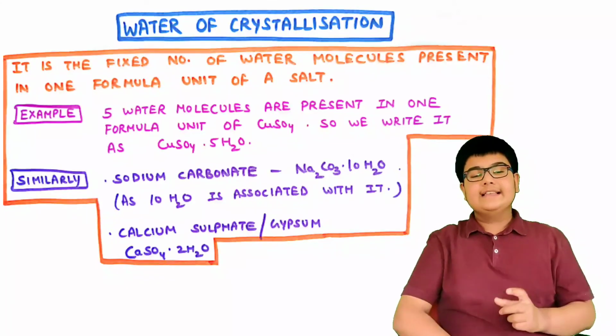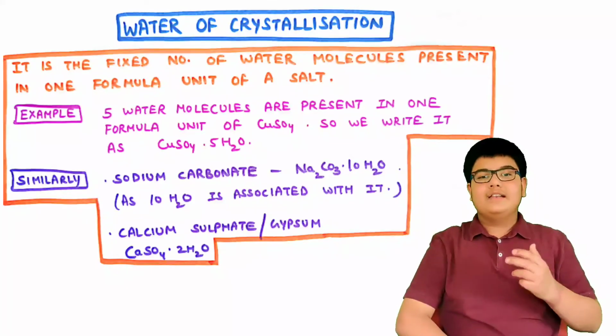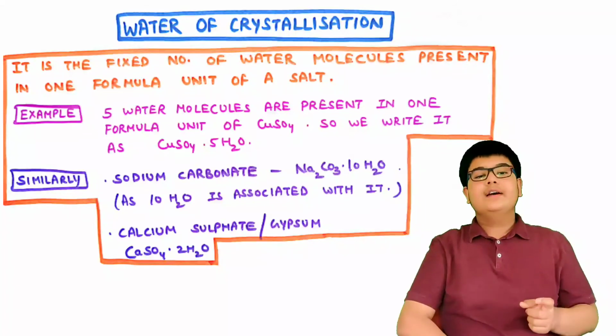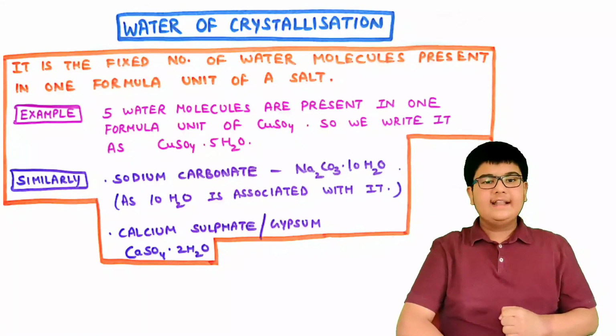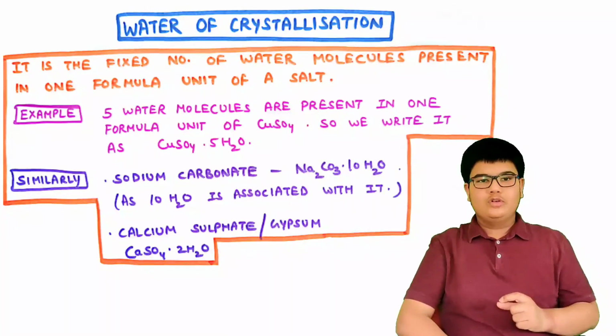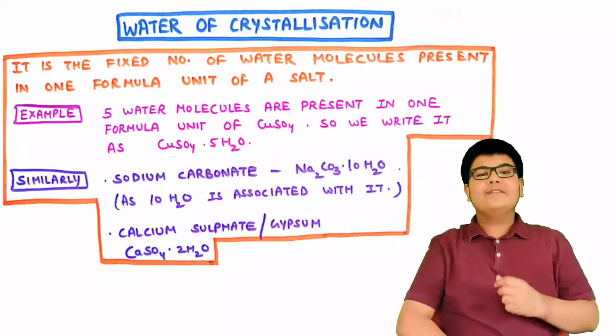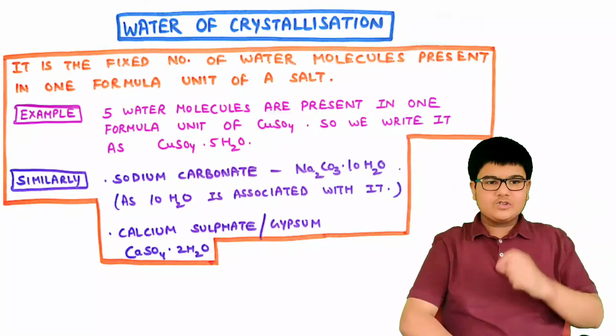So we write it as CuSO4.5H2O. Similarly, for sodium carbonate, 10 water molecules are associated, and we write it as Na2CO3.10H2O. So now are you clear why we attached .10H2O with washing soda?